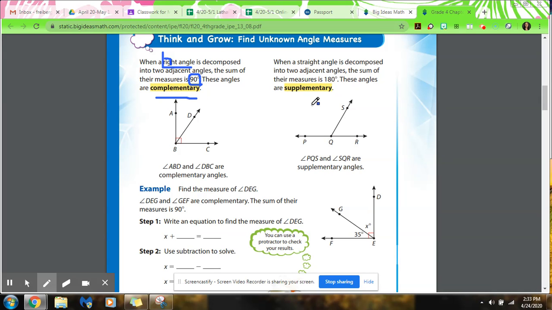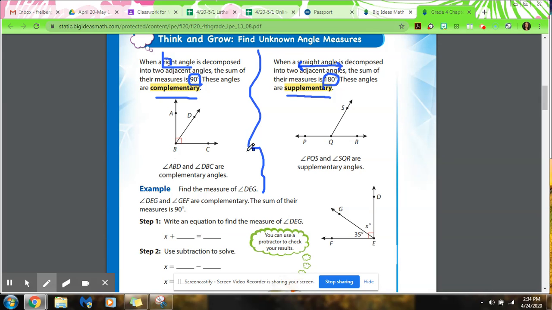When a straight angle is decomposed into two adjacent angles, the sum of the measures is 180. This vocabulary word is called supplementary. So we need to remember these two definitions: complementary equals 90 degrees, and supplementary equals 180 degrees.